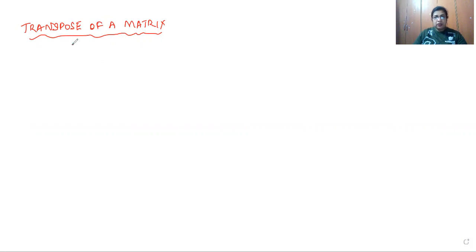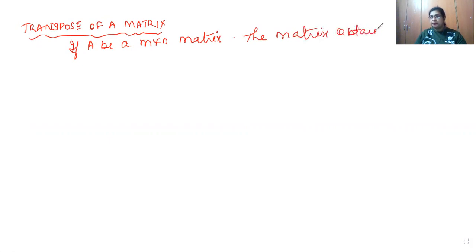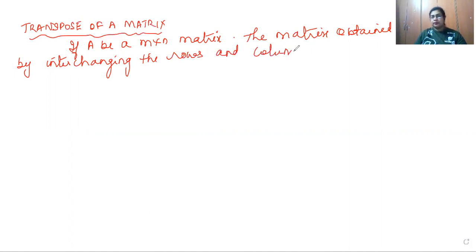If A is an M cross N matrix, the matrix obtained by interchanging the rows and columns of A is called the transpose of A. And how is it denoted?